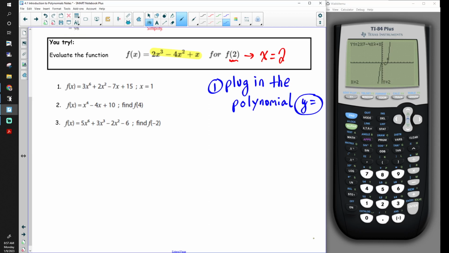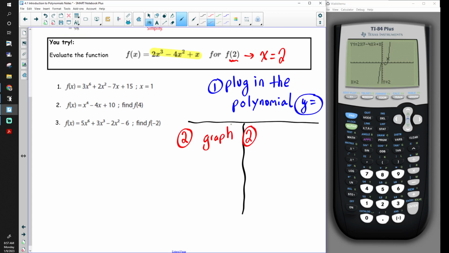Okay, now there's two ways you can do it. So we're going to do two little separate sets of directions. You could just click the graph button, or you could go to your table, which is second and then graph.